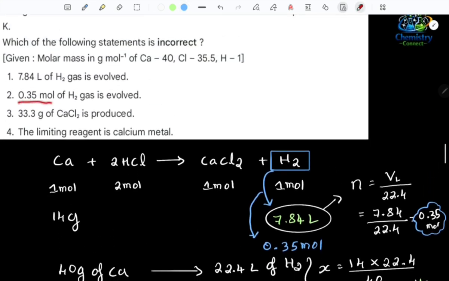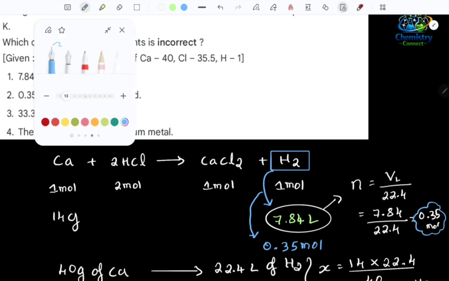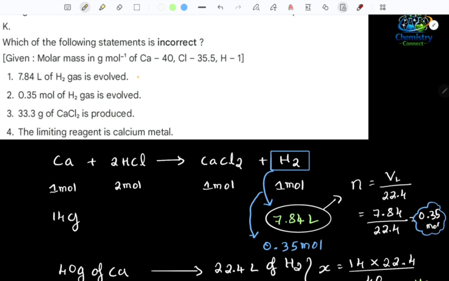Yes, 0.35 mole of H2 gas is evolved, so this statement is also correct.